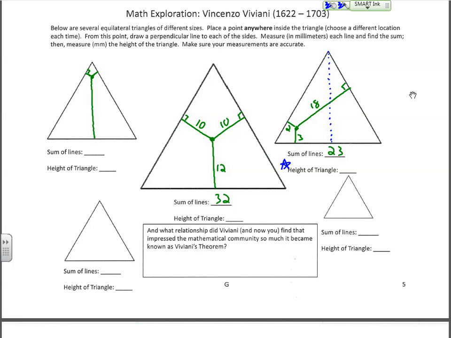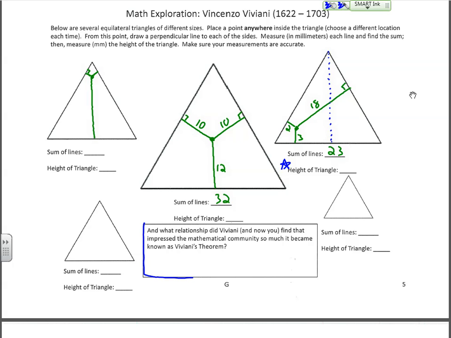Okay, and you want to make sure your measurements are accurate because you're going to notice something that Vincenzo Viviani noticed back in sometime between 1622 to 1703. Okay, and it's pretty neat, pretty neat. One of the reasons why triangles are my second favorite shape. And then the box here, don't forget about this question here.